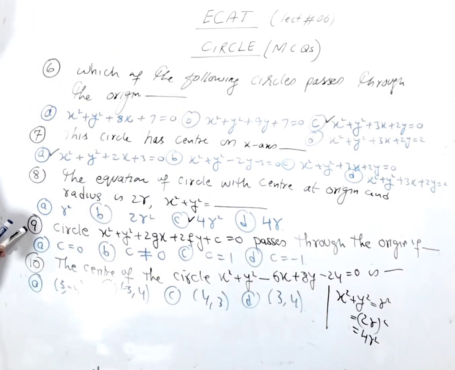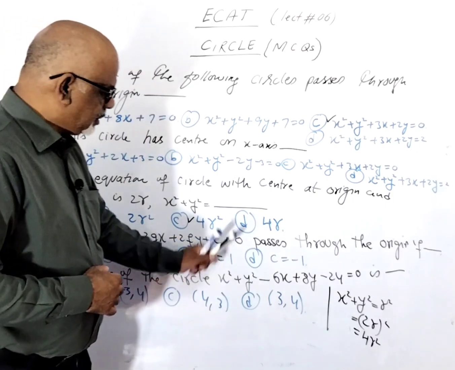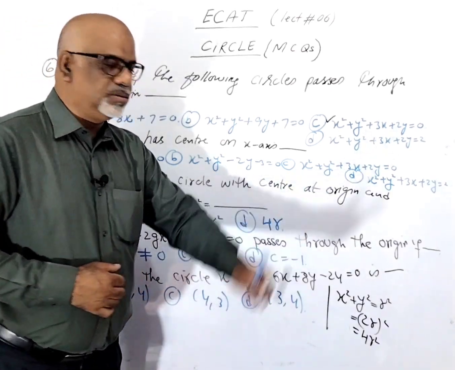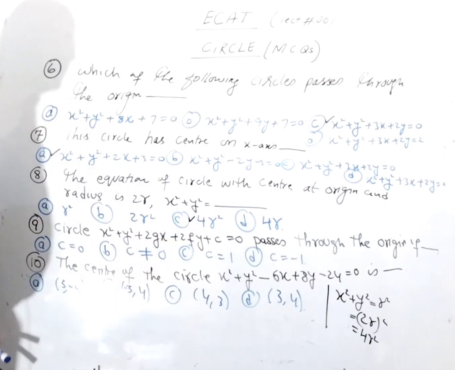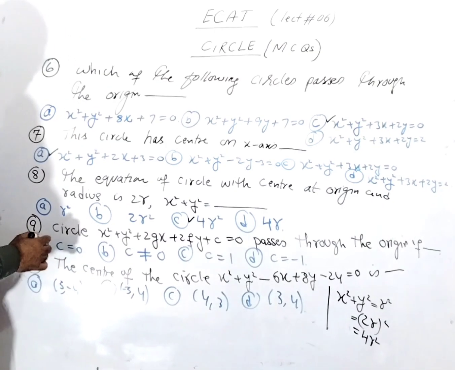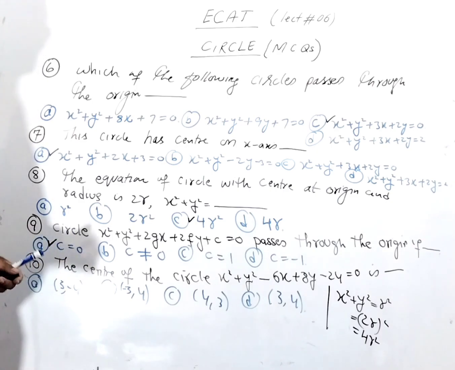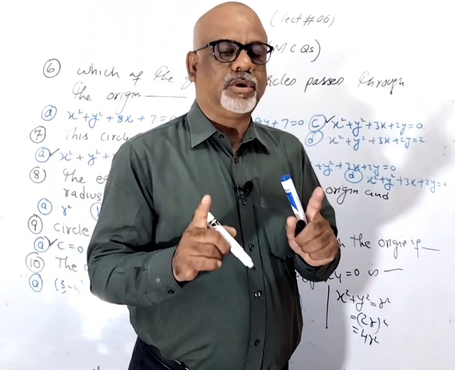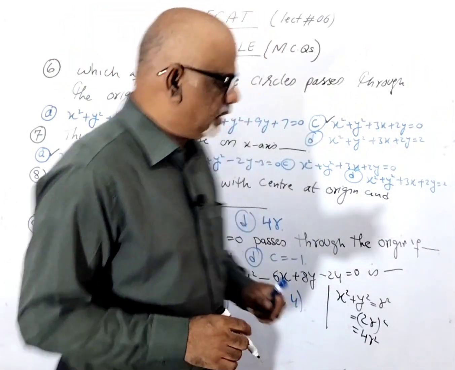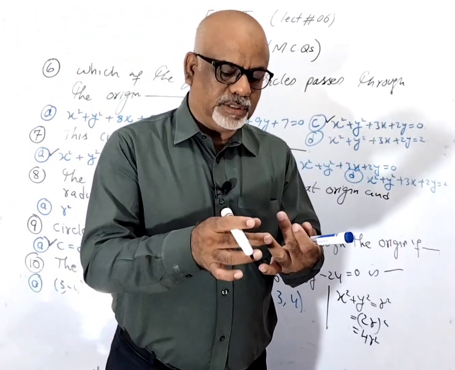Now come to the 9th MCQ. x square plus y square plus 2gx plus 2fy plus c is equal to 0 passes through the origin. If this circle passes through the origin, then the value of c should be equal to 0. We have discussed in the same lecture, when a circle or any system of equation passes through the origin, there is no constant term here, whatever the equation is, the circle we are talking about or the straight line there.